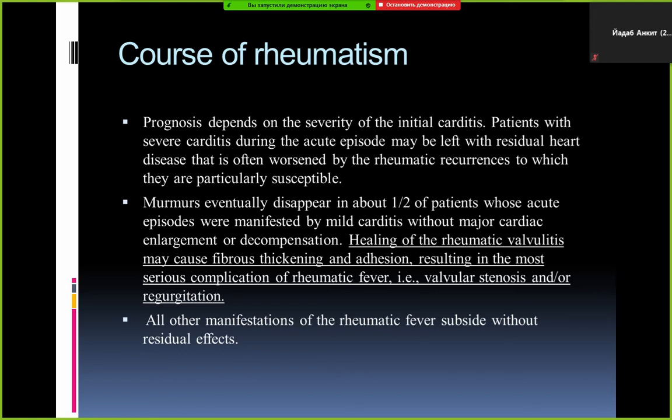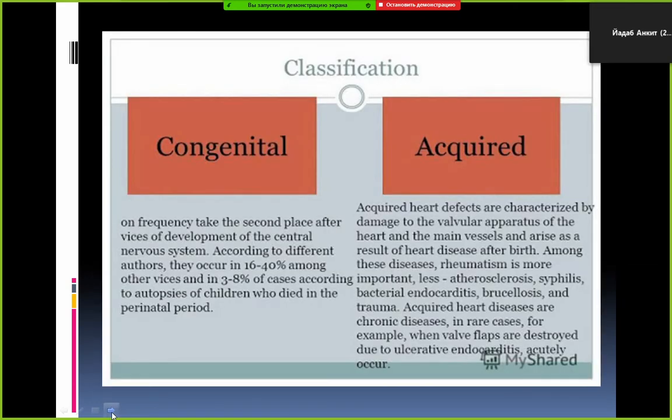So that's all about acute rheumatic fever, and in the second part of our lecture we will focus on acquired heart defects. So heart defects may be divided into congenital and acquired. Today we are going to talk about acquired heart defects.